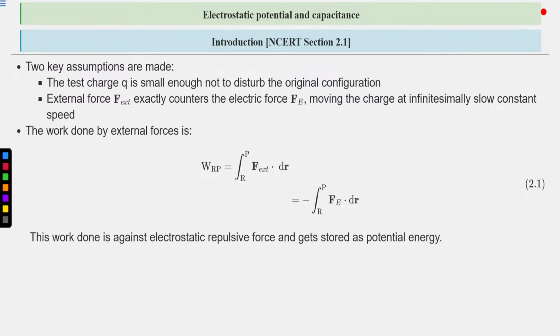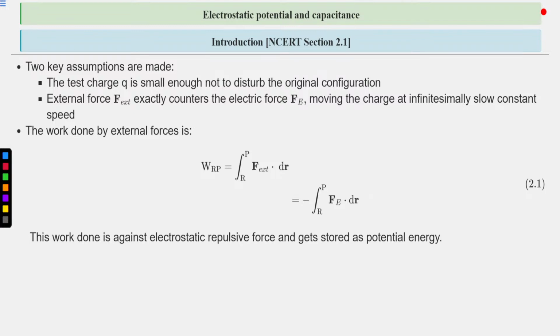If we move this charge with fast speed, it will change the velocity. Final velocity and initial velocity will become different, and there will be change in kinetic energy also. So work done will be equal to change in potential energy plus change in kinetic energy. We don't want that kinetic energy portion here, to avoid the complexity.